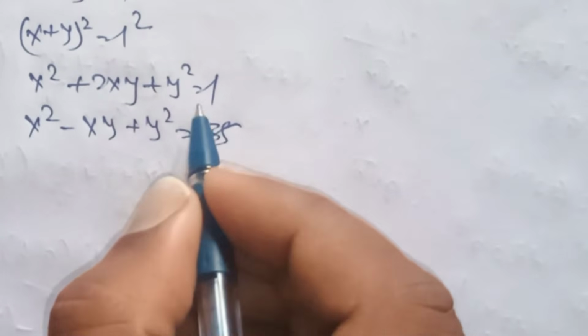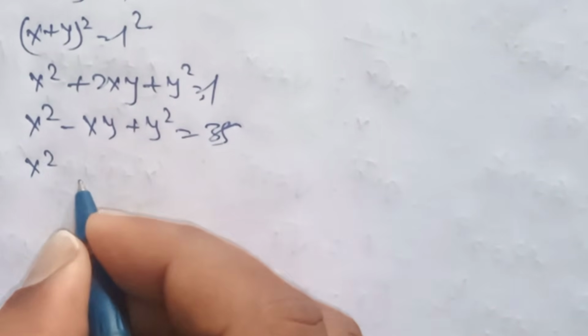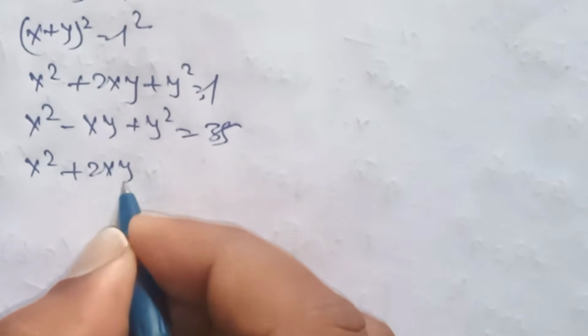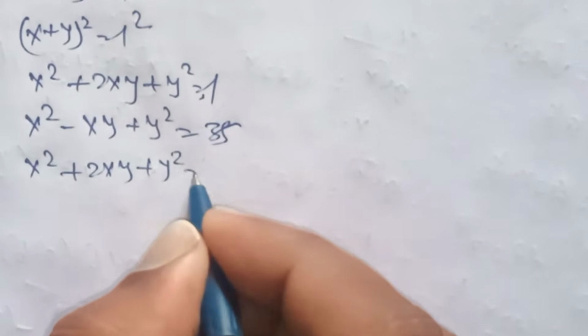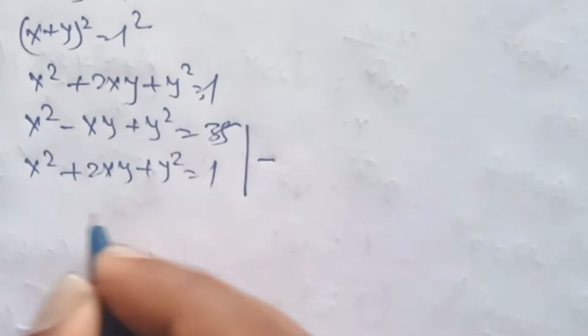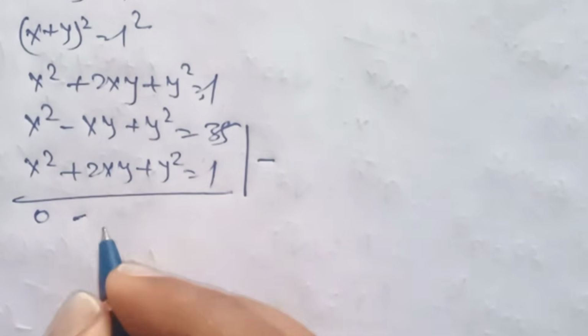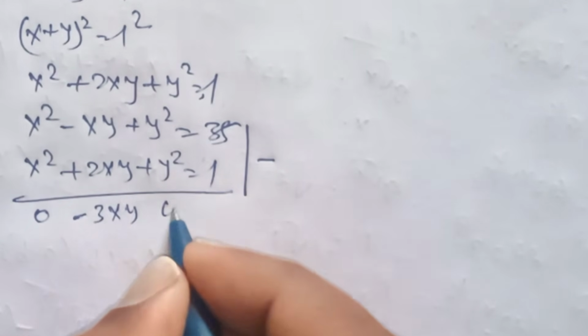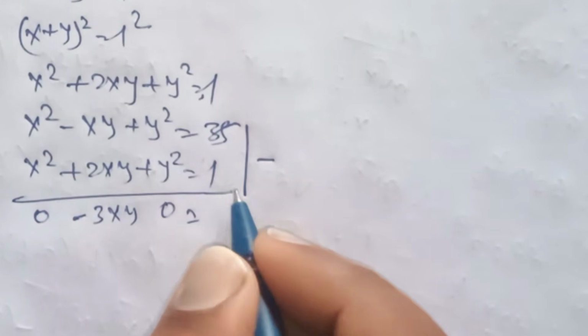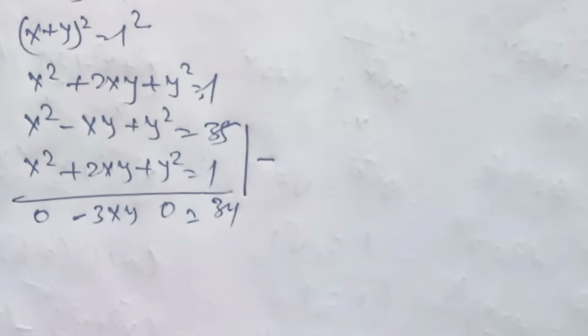See here, this is x square plus 2xy plus y square is equal to 1. Subtract this, this will be 0. This will be minus 3xy, and this will be 34.